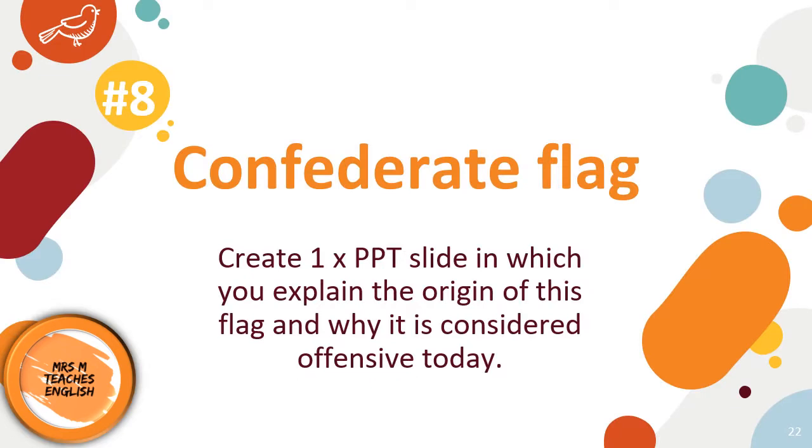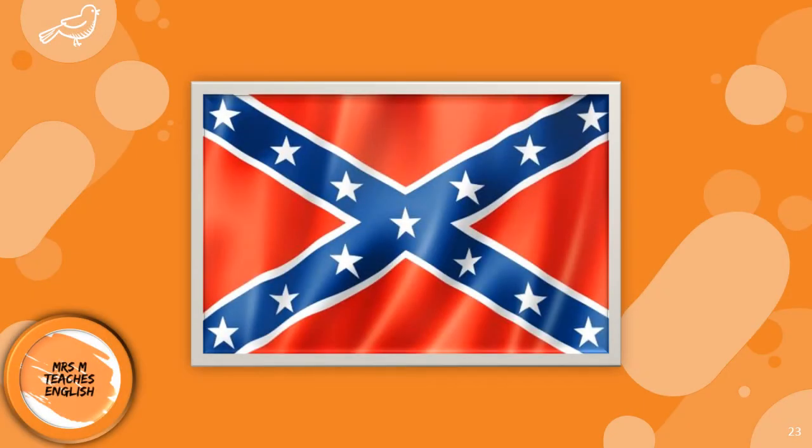Linked to the southern states is the Confederate flag. You must research the history of this flag and explain why it is offensive today.